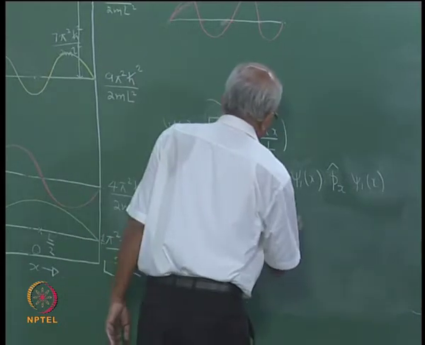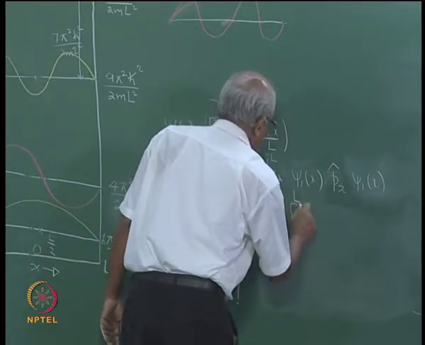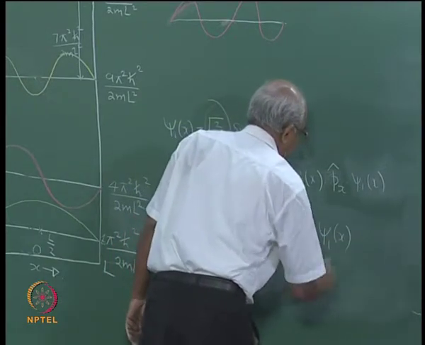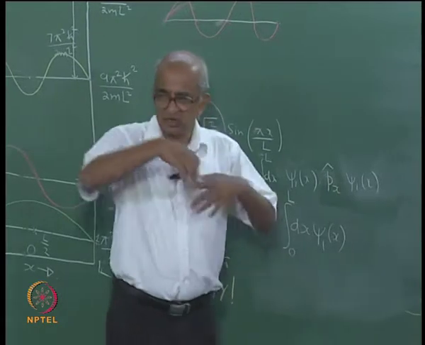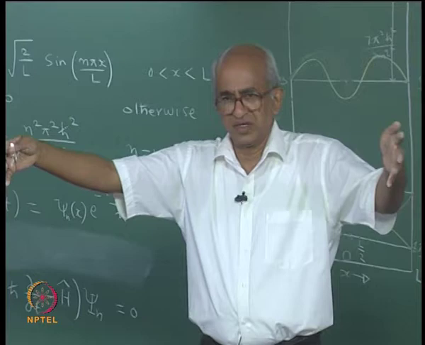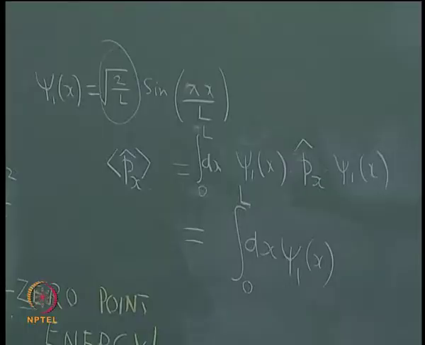So what is actually Px? Well, actually I should start from the beginning, where I would start with the time dependent wave function, and did exactly what I had done earlier, but because we have already done it in the case of position, I am not going to do that.